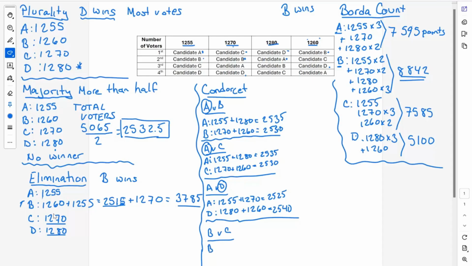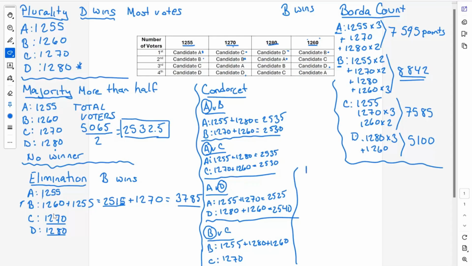So if we look at B and C, 1255 goes to B, 1270 goes to C, 1280 goes to B, and 1260 goes to B as well. And so even without counting those up, we can see that B's total is going to be bigger than C's.